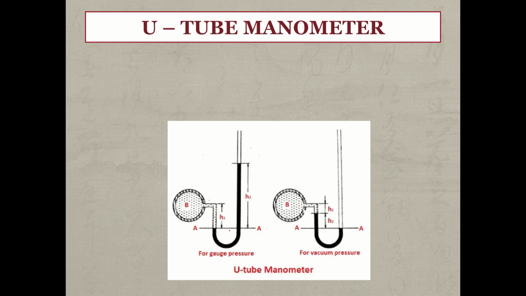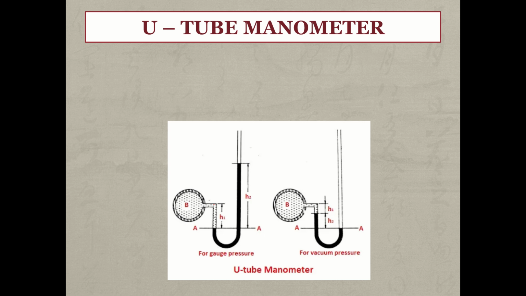You can see here in the U-tube manometer we have a heavier liquid, which is the dark color shade. Generally a U-tube manometer consists of a heavy liquid, which means heavier than the liquid which is flowing in the pipe, or the liquid whose pressure you want to calculate.